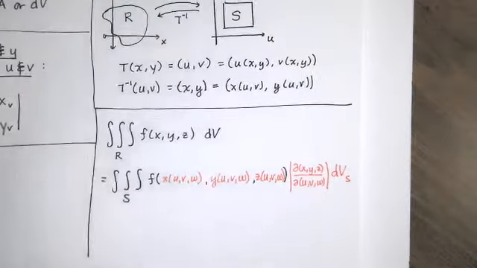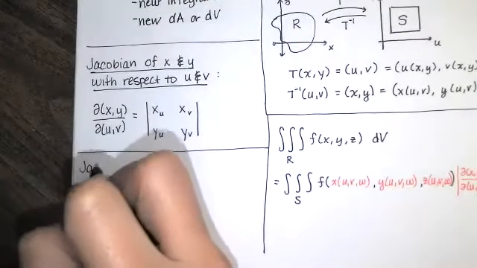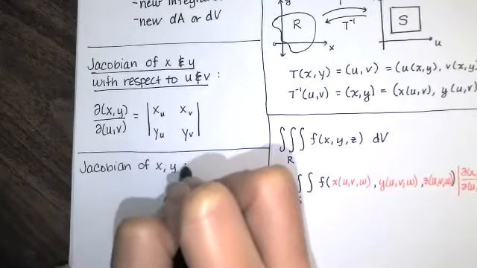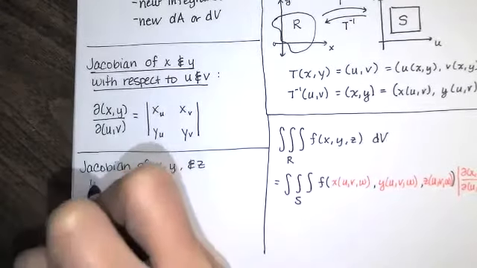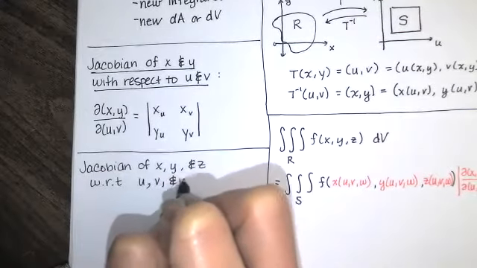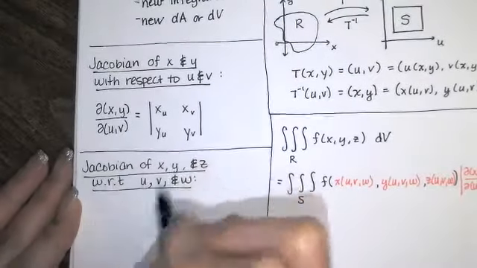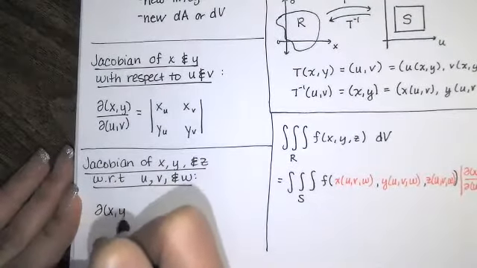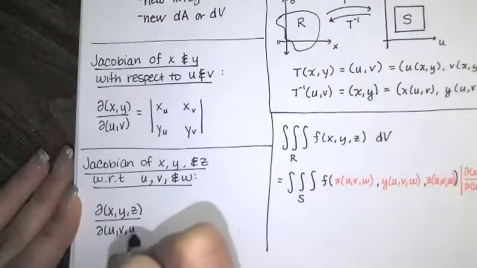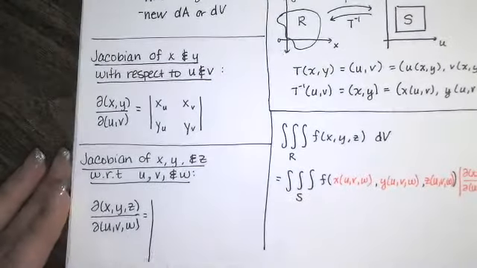Now this Jacobian is very similar to this Jacobian. It just looks a little different because we've got 3 variables.